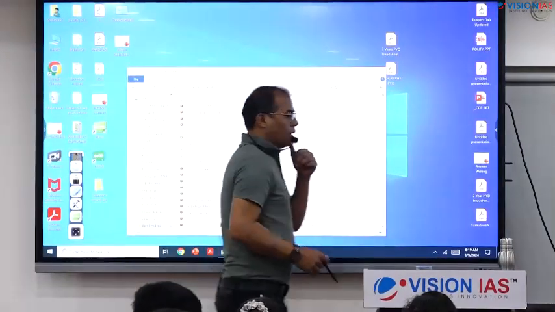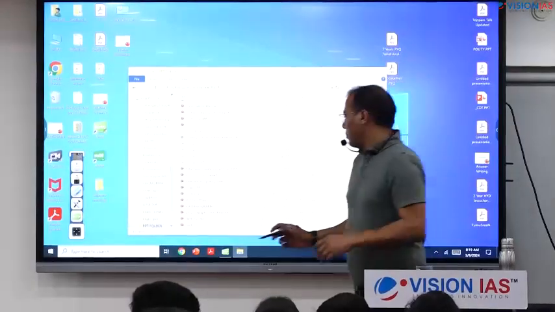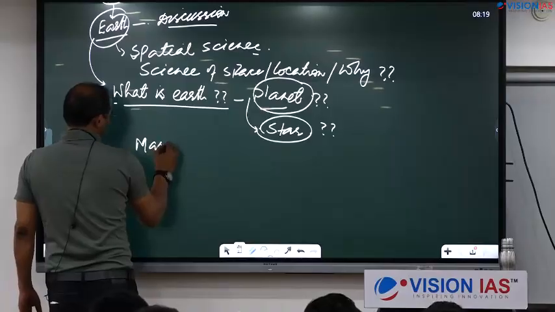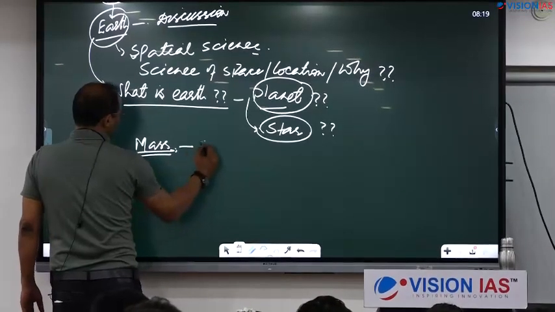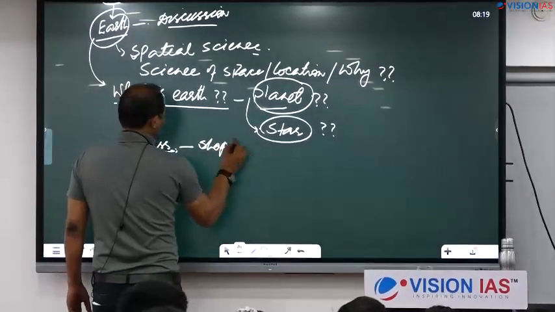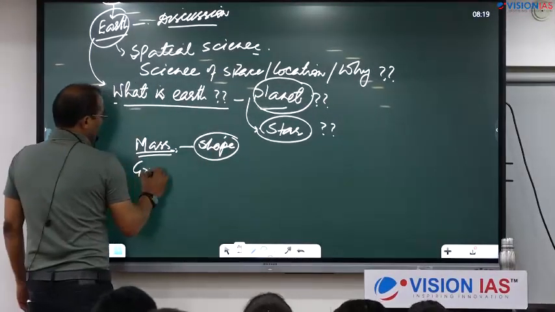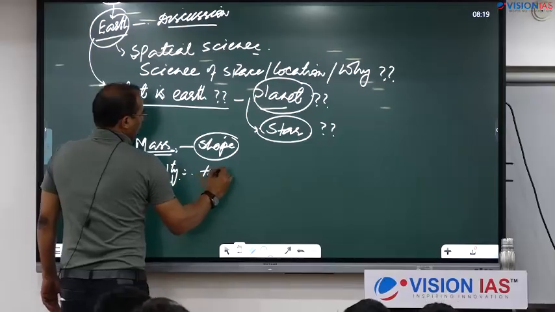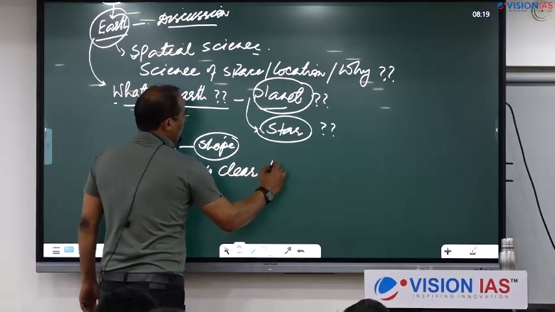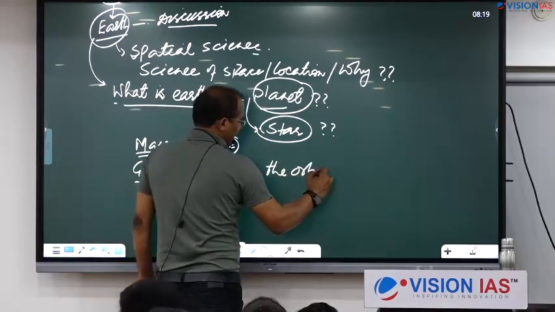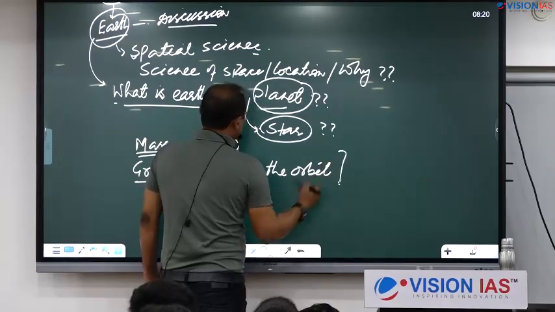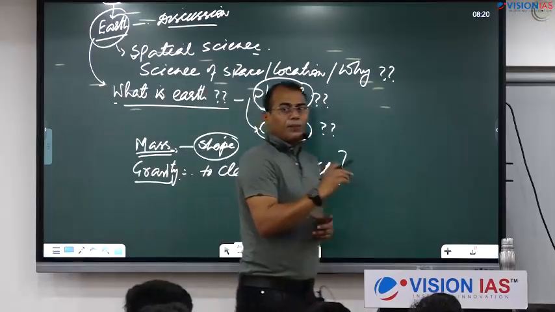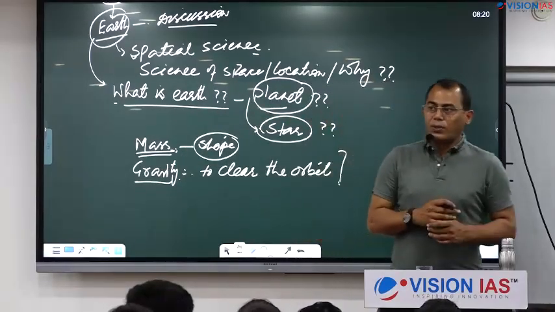Now there are two parts here. You can see that mass and gravity, right? Mass gives you shape, so to maintain its own shape, and the gravity to clear its own orbit. Now, this is the new addition in the definition of planet. Earlier it was just any celestial body revolving around a star is called a planet.